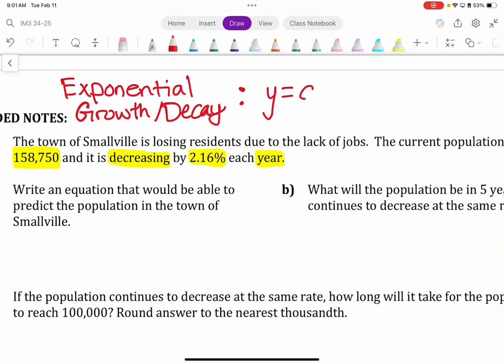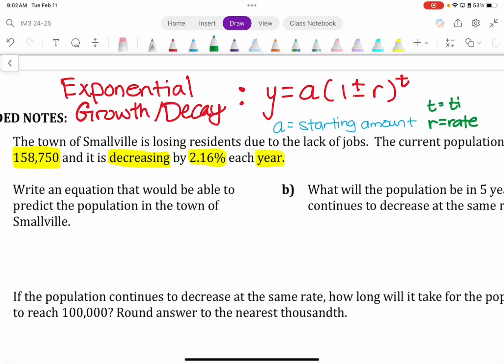Y equals A, 1 plus or minus R to the power of T, where A represents your start value, your starting amount. R represents your rate, and T represents time.